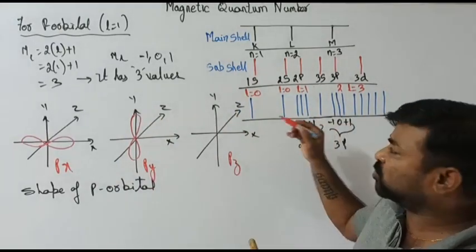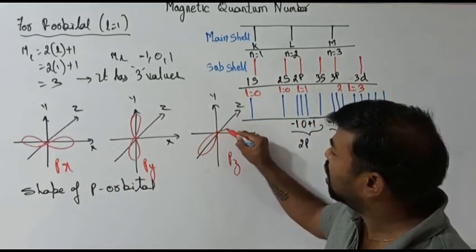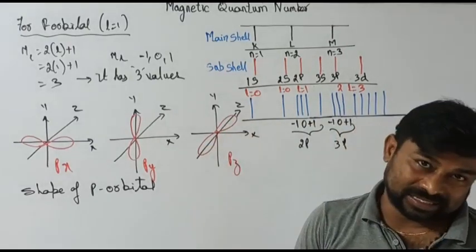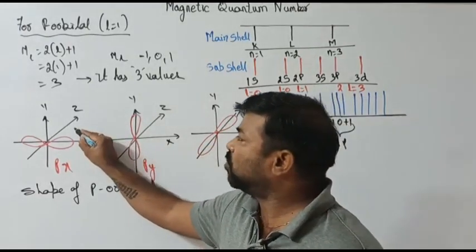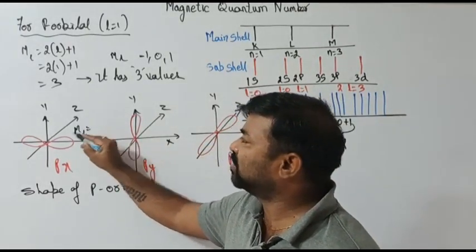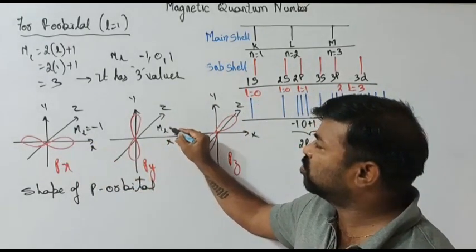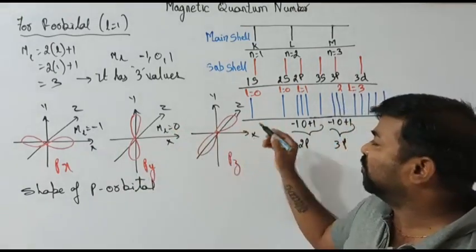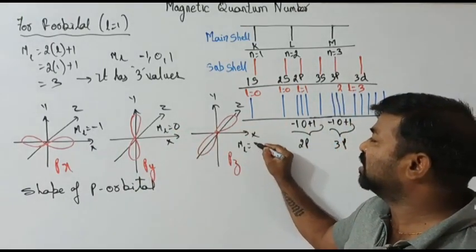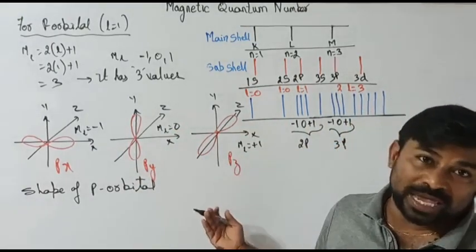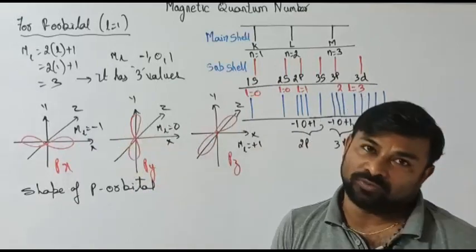For the first, the ML value can be taken as -1, for this one 0, and for this one +1. It may vary, but this is what we generally say.